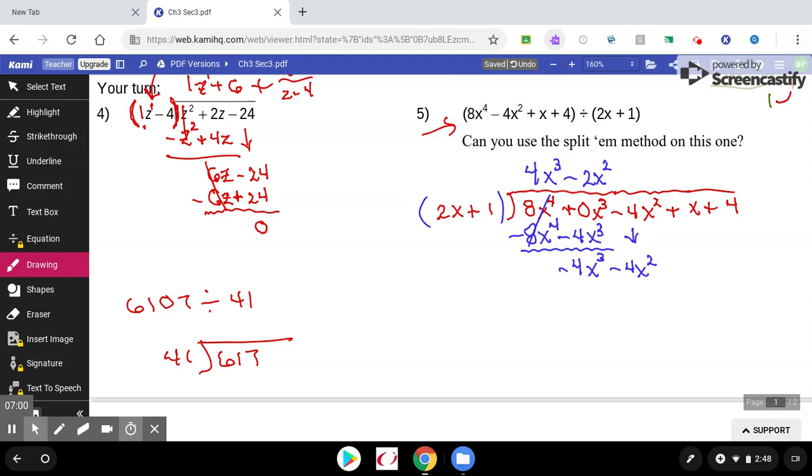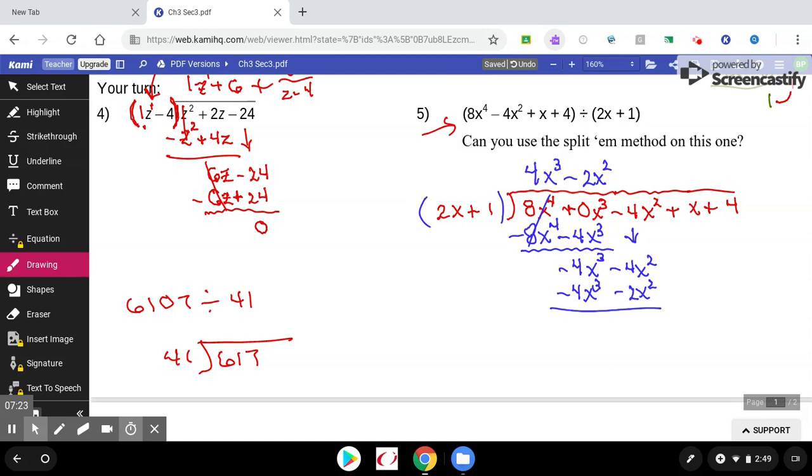Multiply both things out one more time. This guy times both of those. So negative 2x squared times the first guy. These two guys will match up. But negative 2x squared times the 1 will give me that. Subtract down.